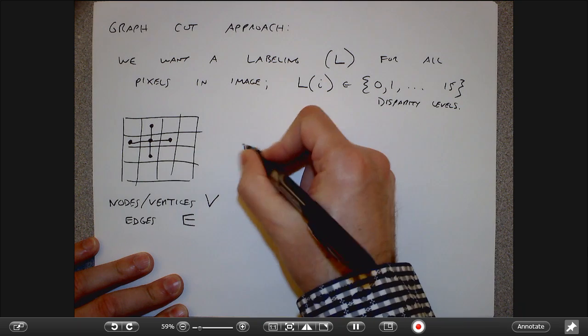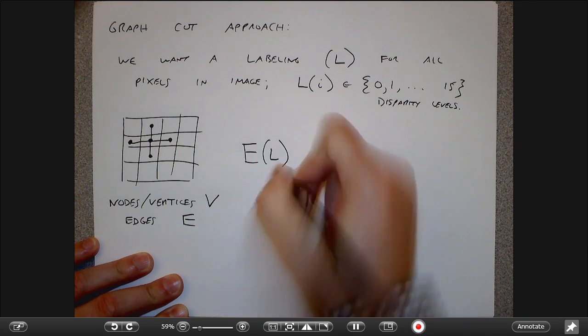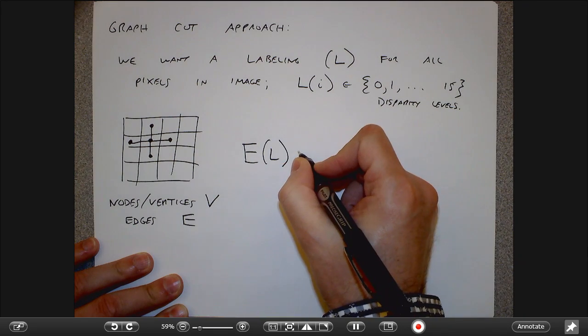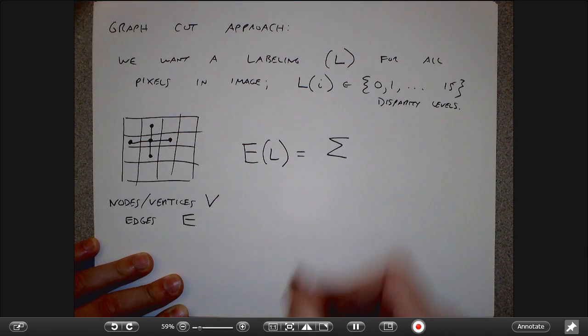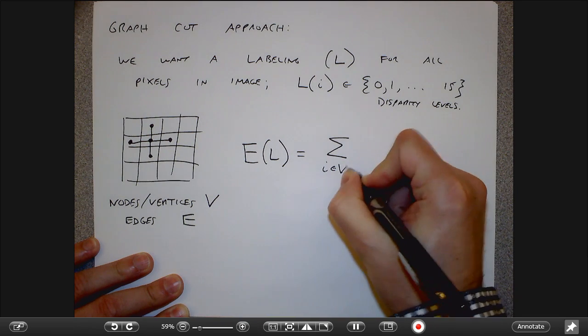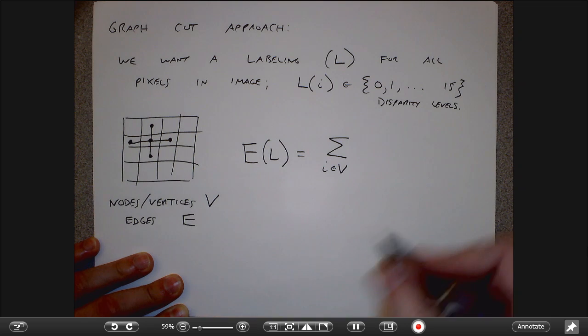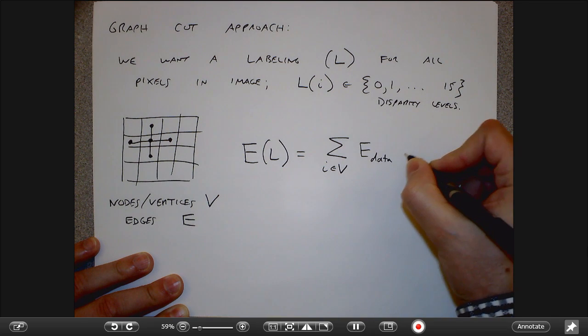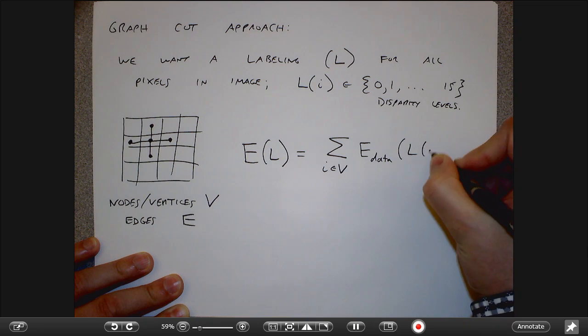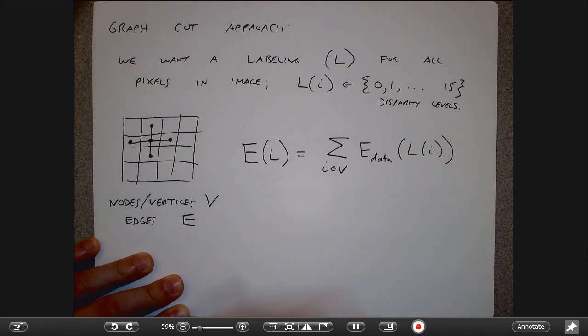So what I have is an energy function of my labeling that looks like one term over all of the pixels in the image, a data term that basically says, how good is that label?